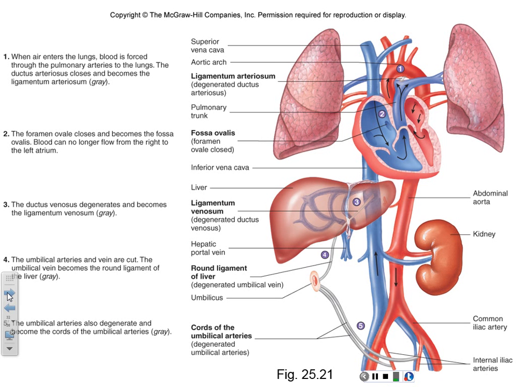The umbilical vein becomes the round ligament of the liver, or the ligamentum teres. The fossa ovalis was the foramen ovale, and the ligamentum arteriosum was the ductus arteriosus. And you're no longer bypassing the liver, you're no longer bypassing the lungs. So those are them.